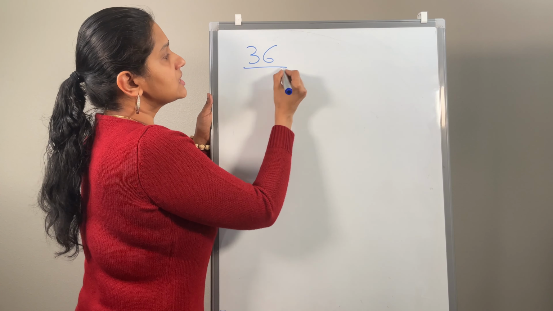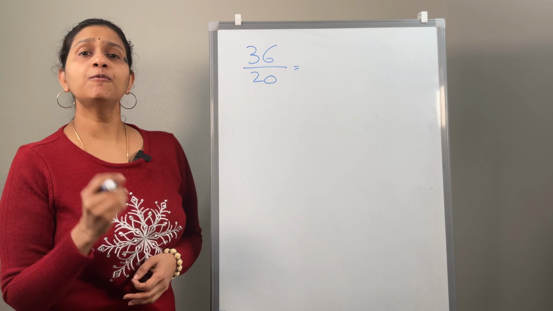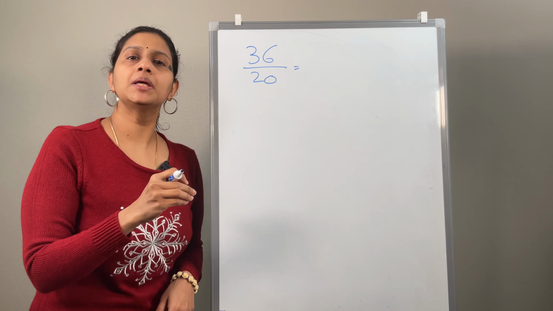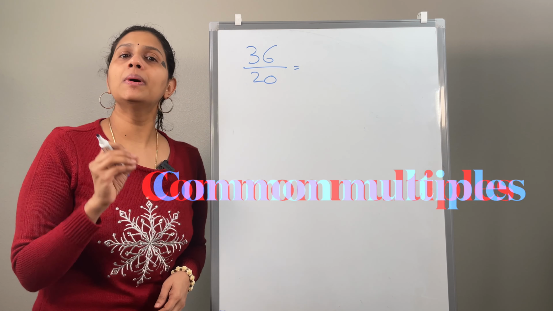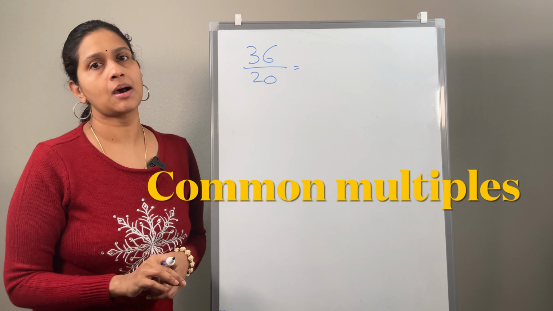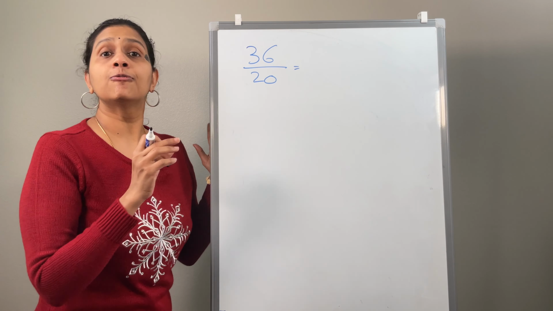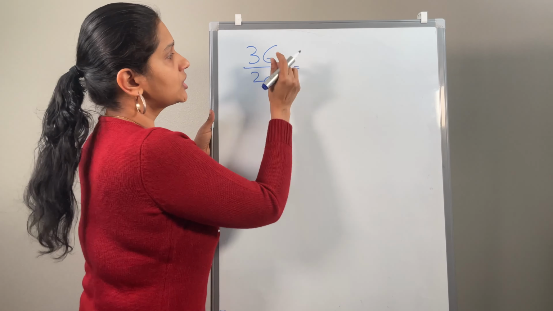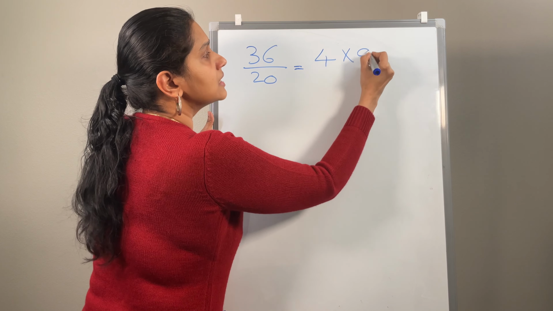36 by 20. Consider this. The second way is we have to find the common multiples in both these numbers. You know, in the case of 36 and 20, 4 will go in both, right? 36 can be written as 4 times 9.